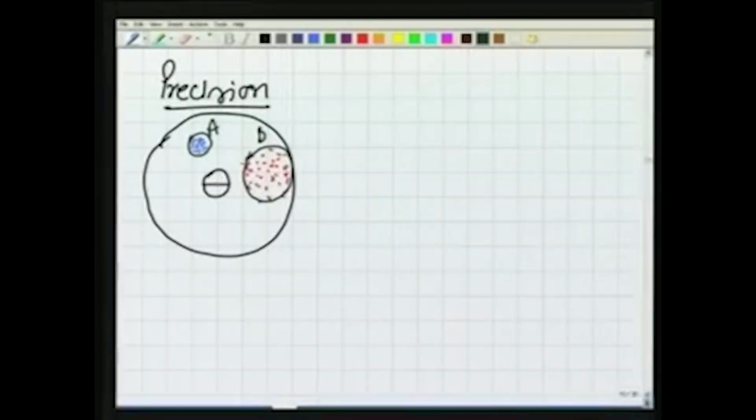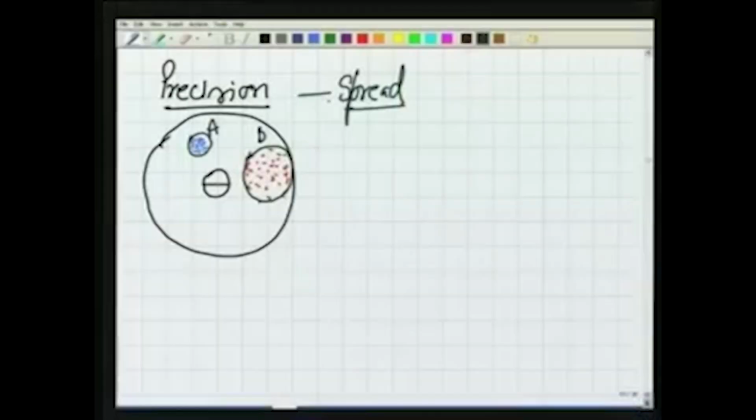What made you think that? Because somewhere you are talking of precision. That precision is shown by the spread of bullets. Are they spread widely or in a very narrow area? So this spread is an indicator of the precision.